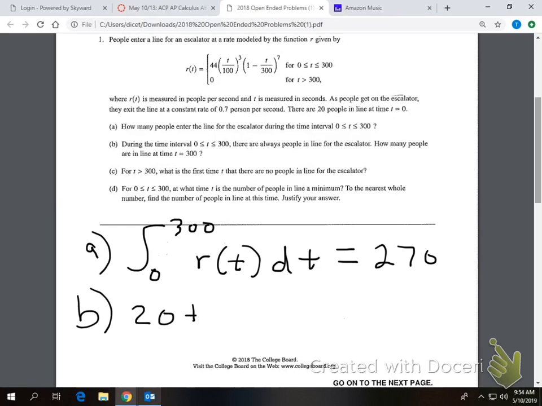Plus, we just found how many got in line over those 300 seconds, which is what? 270. And people are exiting also, aren't there? Minus, what's the rate we're exiting? 0.7 people per second. So minus 0.7 times 300.